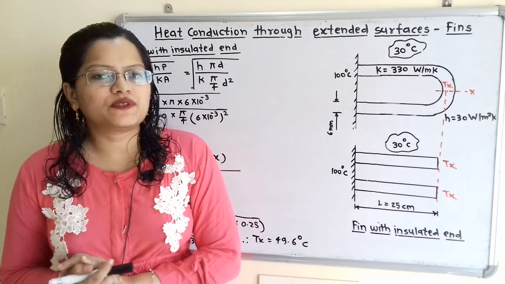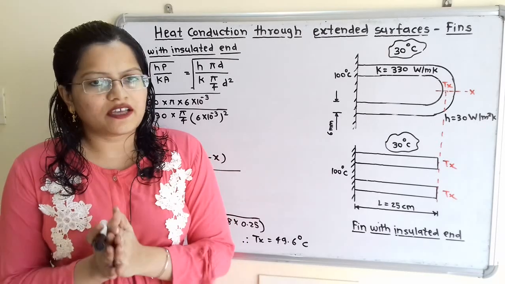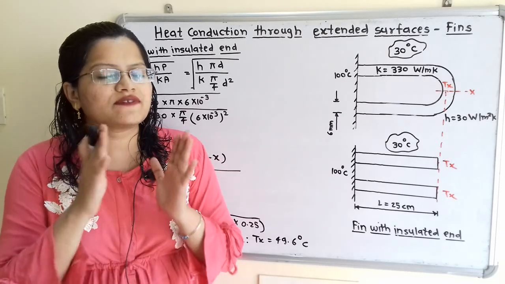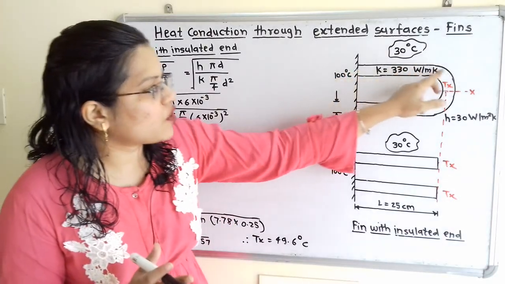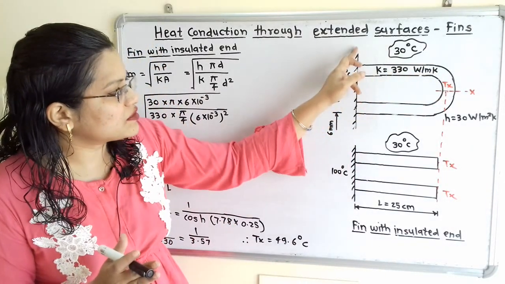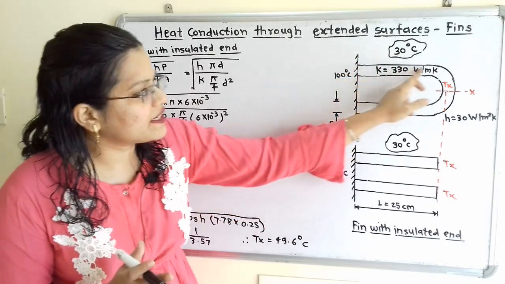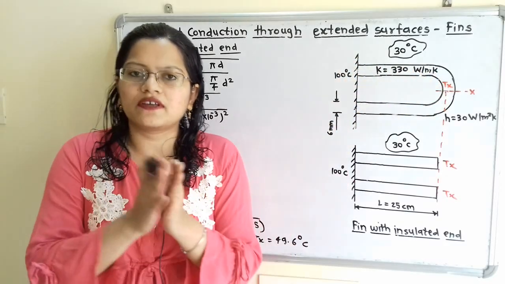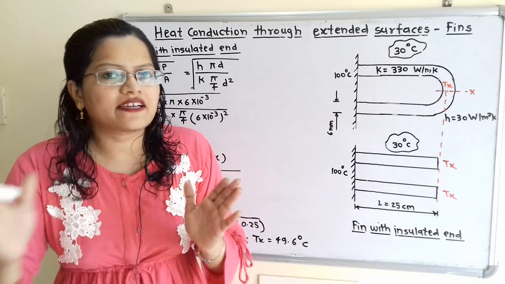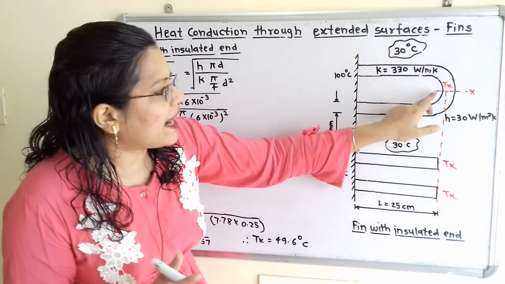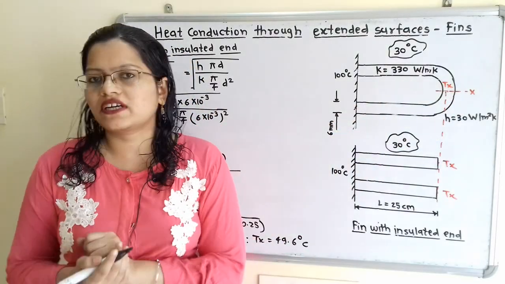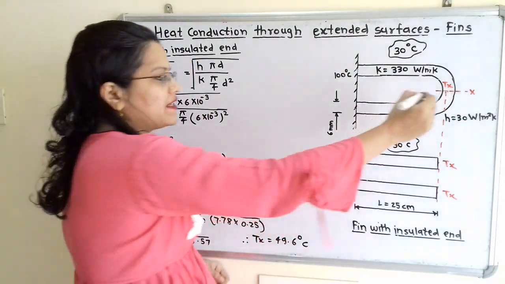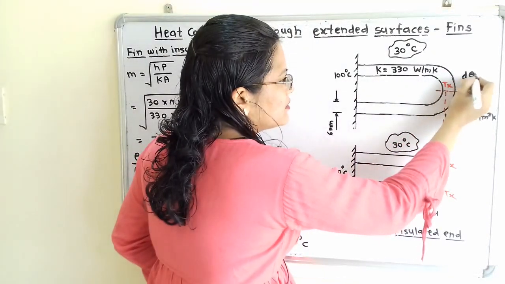If we observe the heat transfer through conduction as well as convection taking place along the rod, then as the distance from the base increases, the heat transfer decreases. So at the center of this rod we can say that the temperature gradient, d theta by dx, will become 0.